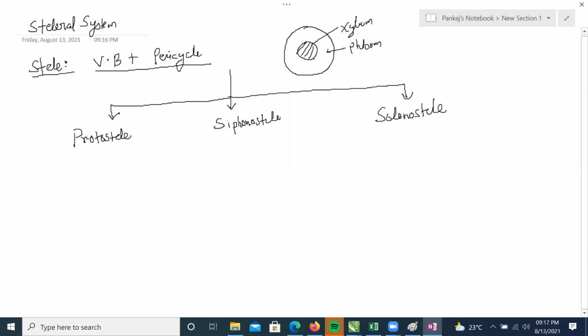Now, what is protostele? The diagram which I have drawn right now is a protostele, right? Depending upon the different shapes of xylem, different types of protostele have been recognized. On the basis of the structure of xylem, different types are recognized.